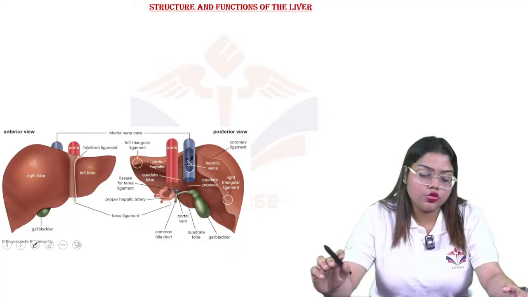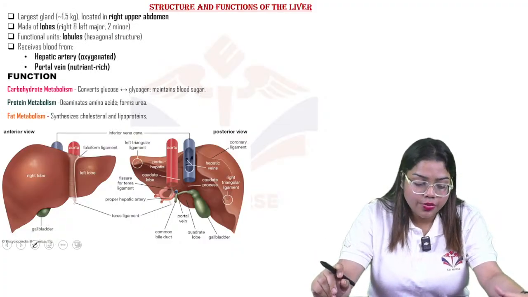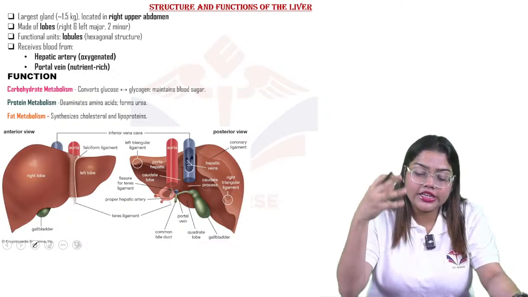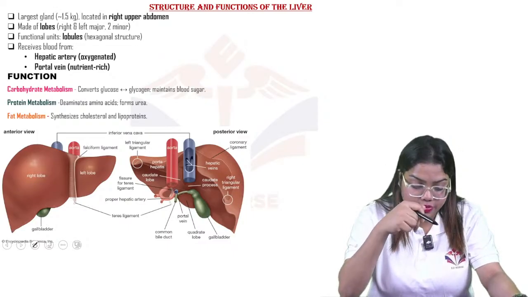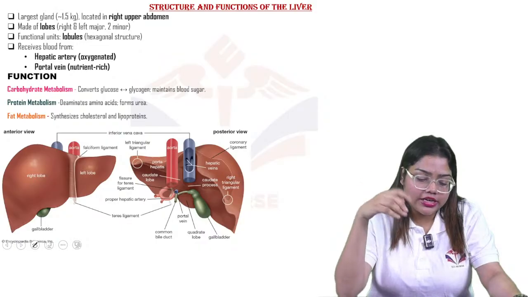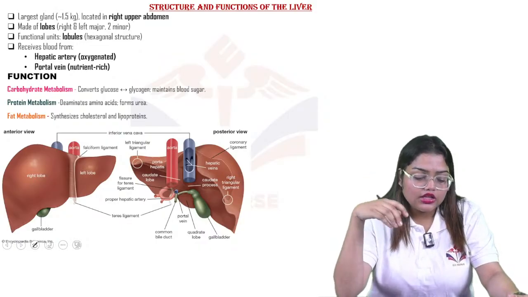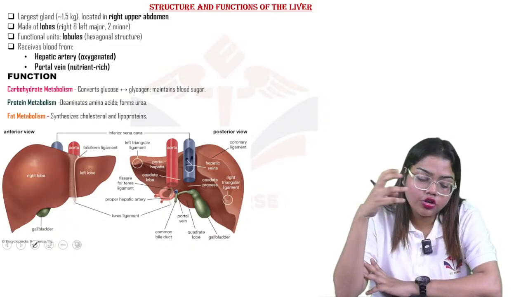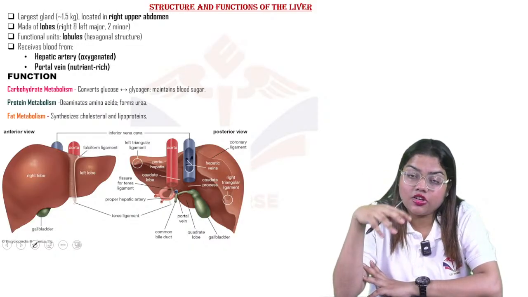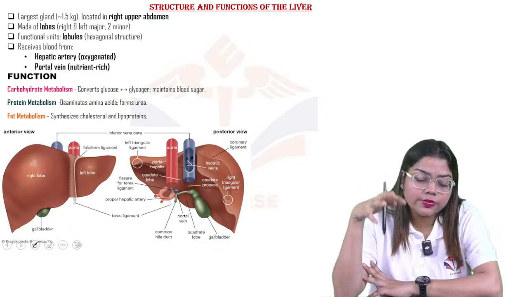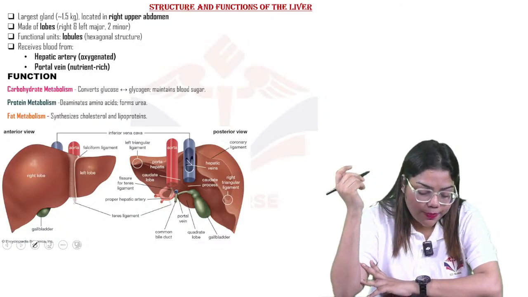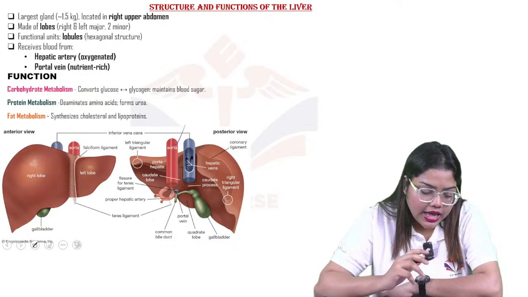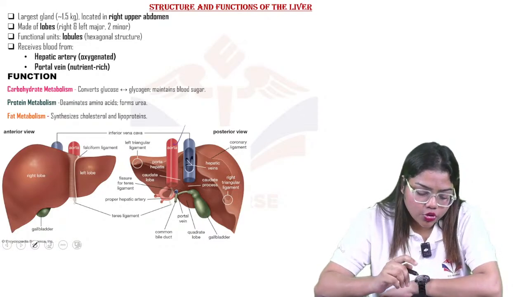It also includes two minor lobes. It is the largest gland and it is located in the upper right abdomen. It is made of right and left major lobes and two minor lobes. The functional unit of the liver is the lobule, which is a hexagonal structure. It receives blood from the hepatic artery and the portal vein.